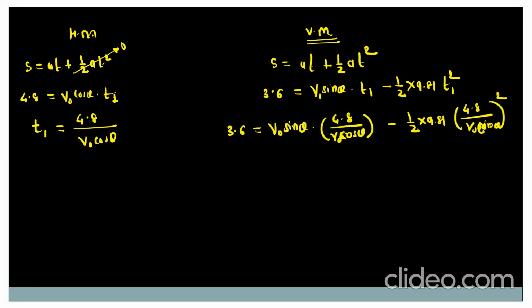So you can simplify this equation. So you will get the equation as 3.6 equals 4.8 tan theta minus, so you can simplify, 1 by 2 into 9.81 into 4.8 square. Okay, so this value is approximately 113 upon V naught square cos square theta. Okay, so consider this equation as equation 1.